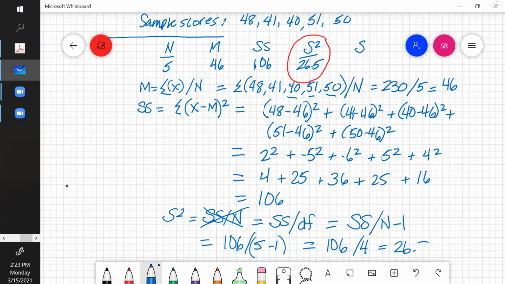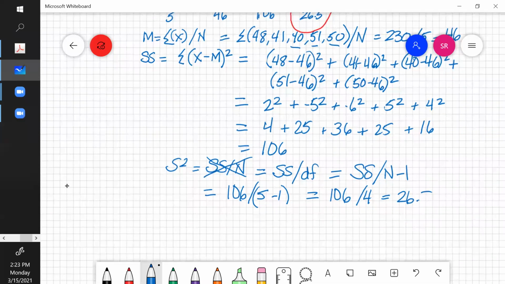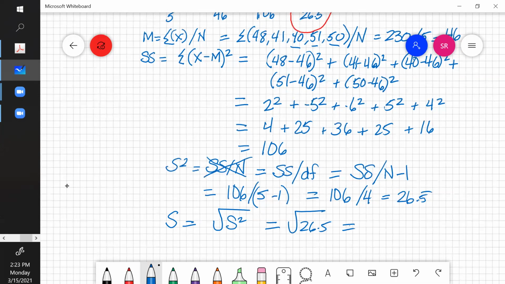And if we wanted to calculate on and find the standard deviation for this distribution, we would simply take the square root of the variance, and that equals the square root of 26.5, and that equals 5.115.